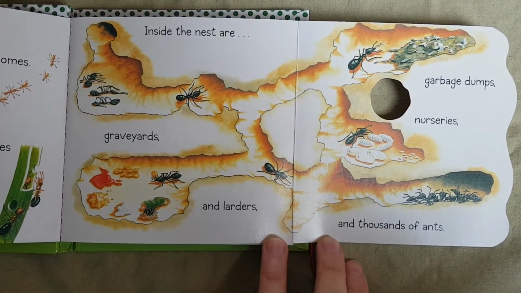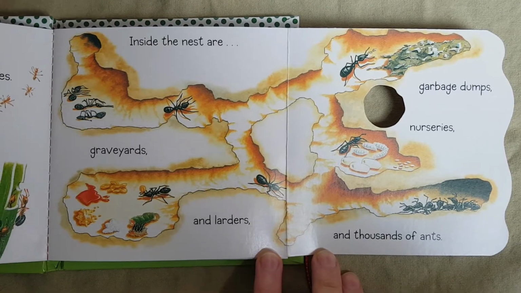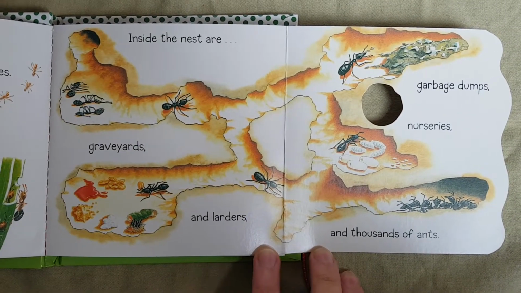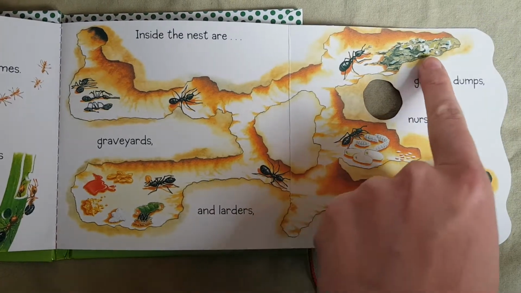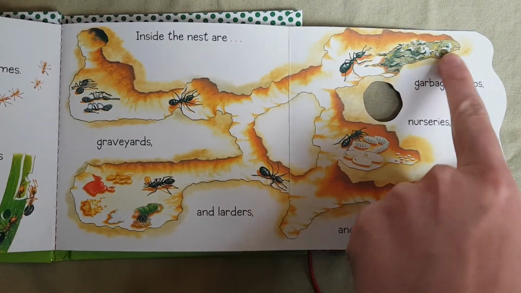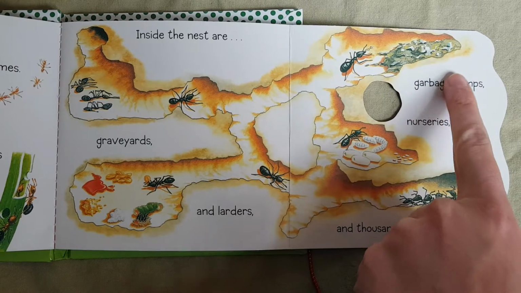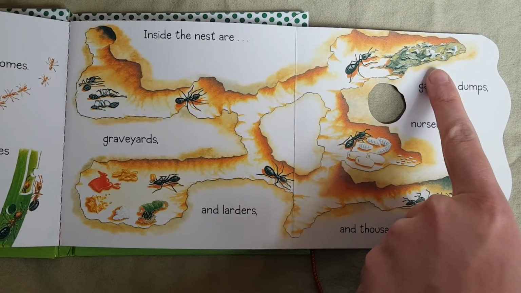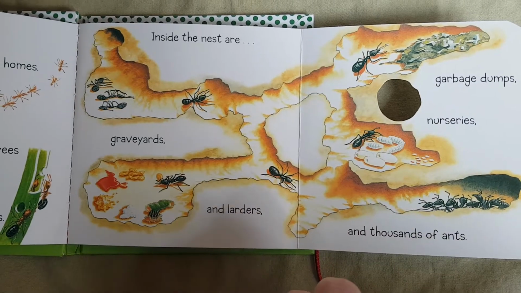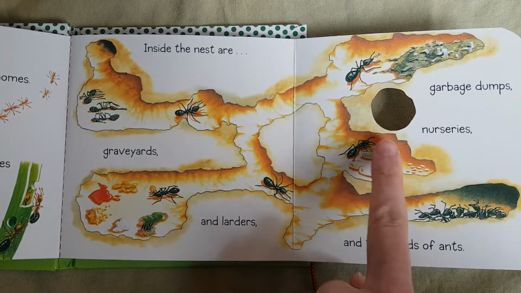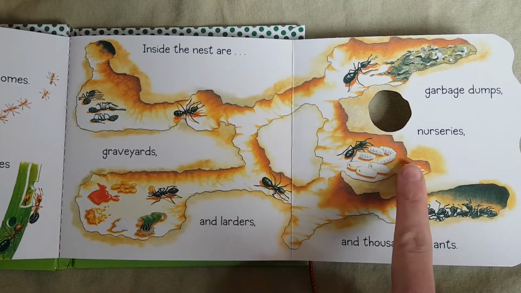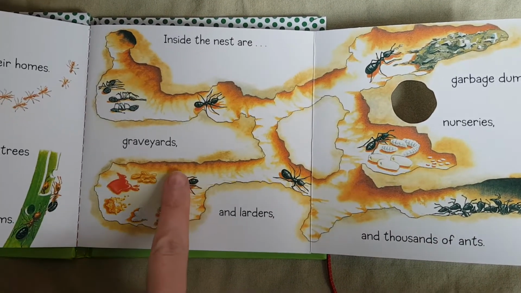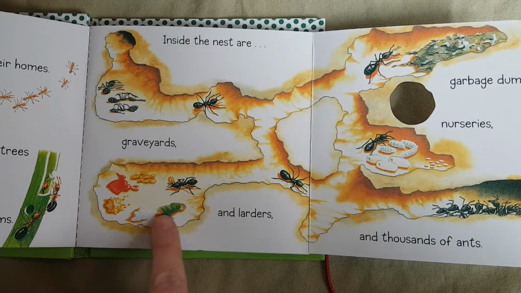Now, ant nests have many parts, like little rooms, like in your house. Some of the rooms are filled with garbage or waste. The ants keep their waste here. And some rooms are for baby ants. Some rooms are where the ants keep all their food.